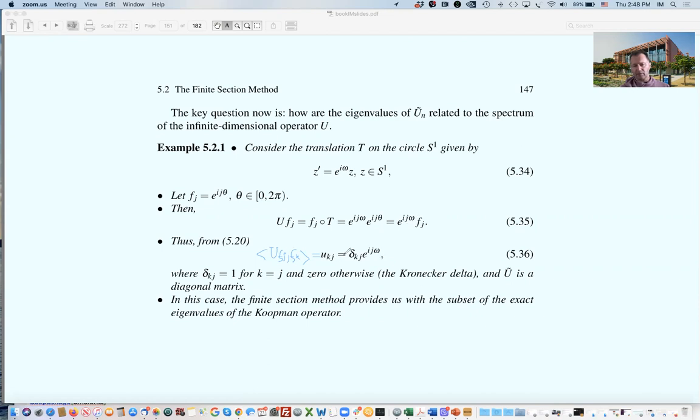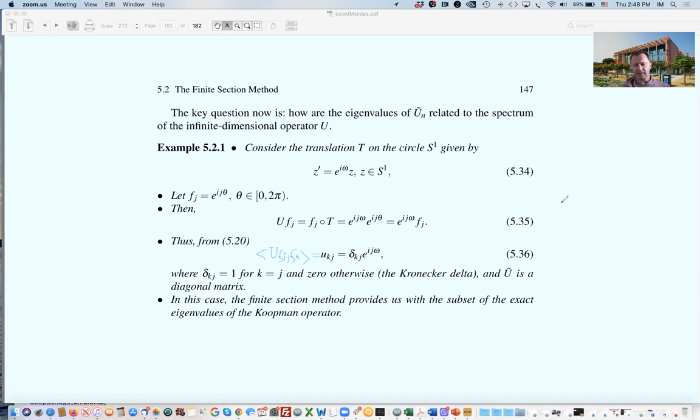In other words, the only non-zero elements of the matrix are the diagonal elements U_kk, because in that case delta_kj, the Kronecker delta, is 1. Otherwise it's 0.